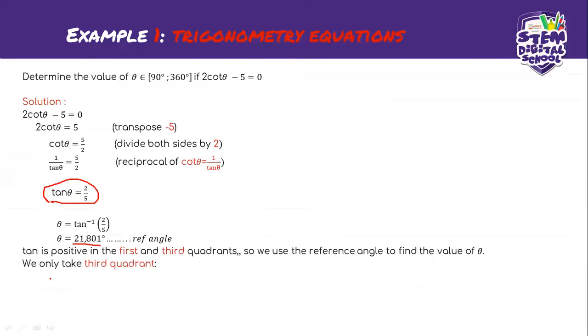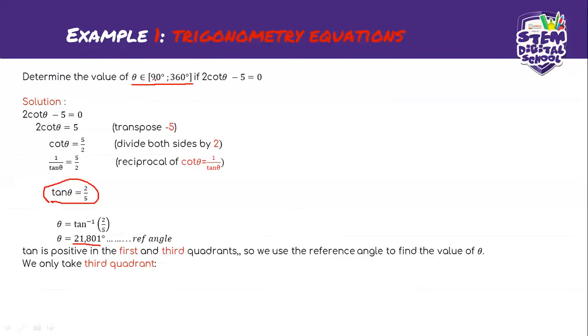But we will only take the third quadrant. Why are we taking the third quadrant and not the first? Because we agreed that tan is positive in the first as well. Now, here is the reason. We are having a restriction.